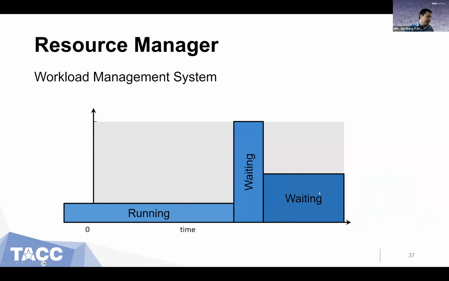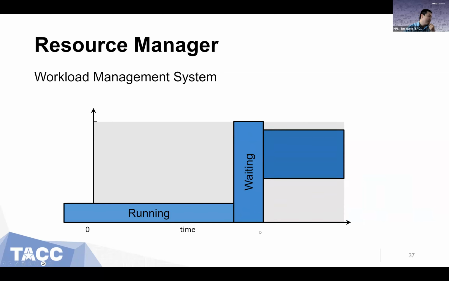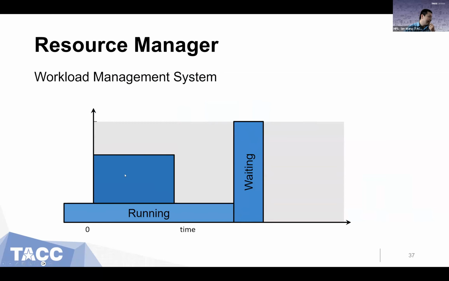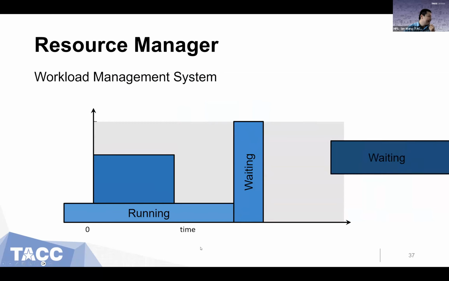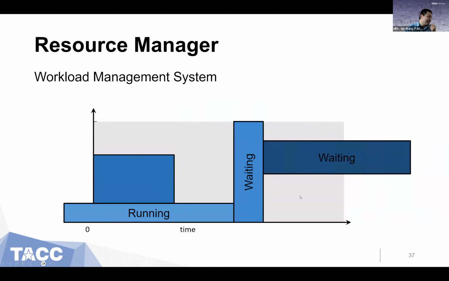Now, if we have another job that's about this size that comes in, what can we do? Well, instead of putting it waiting after this large system job, we might just pull it ahead and place it here in this space so it runs immediately, right? And then if another job comes in that can fit into this empty space here, what shall we do?